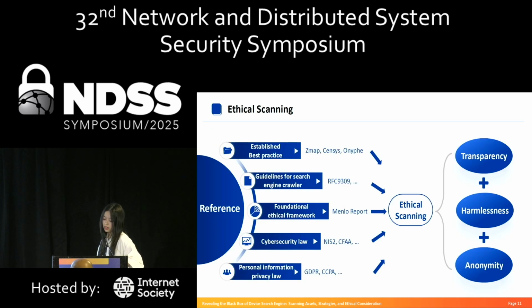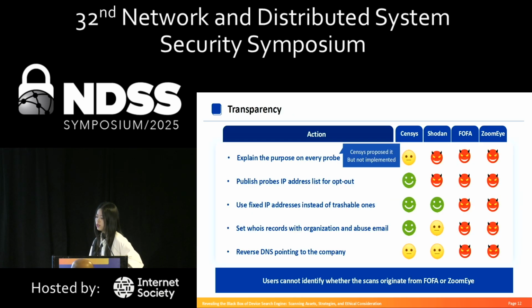To better understand the ethical problems that the engines might involve, we refer to 5 kinds of references, and we concluded into 3 dimensions: transparency, harmlessness, and anonymity. For transparency, the red face means the engines do nothing on this section.